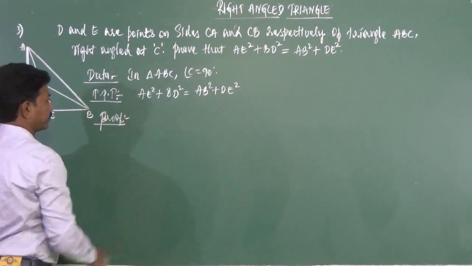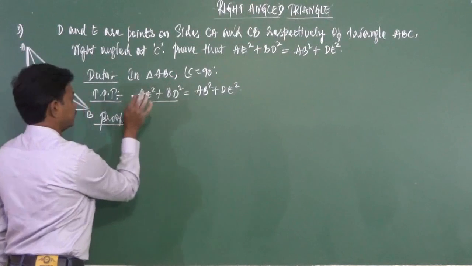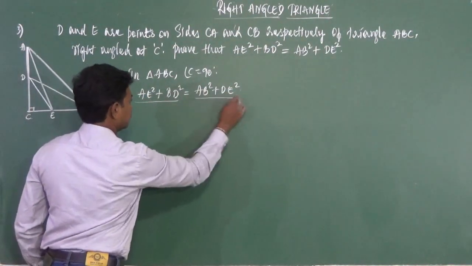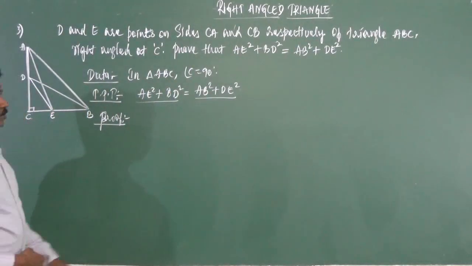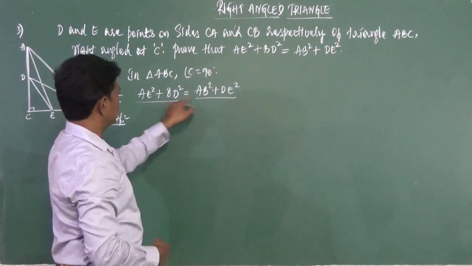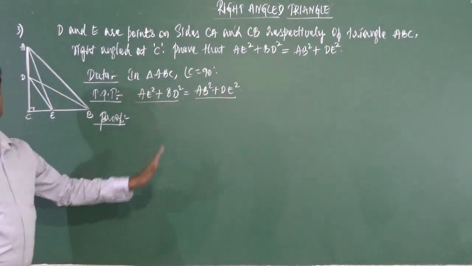So when these type of problems come, get ready with the LHS. Keep the LHS and set right with the RHS, or keep the RHS and set right with the LHS. So if you define this, you will get this, or if you define this, you will get this. That's a very simple logic behind these type of 2 mark problems.